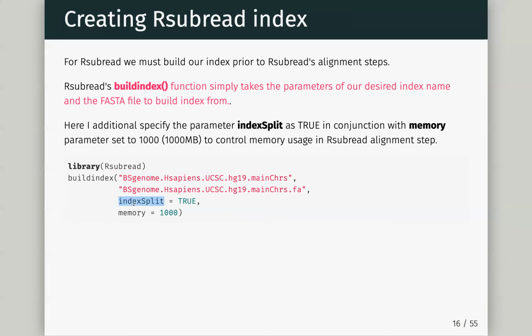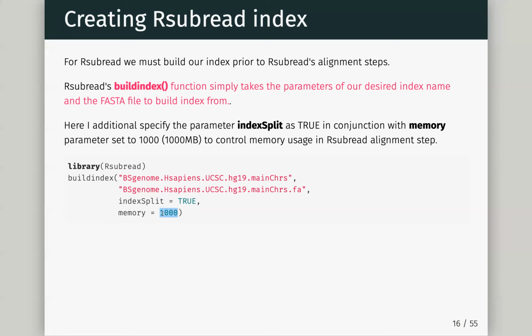And then we'll set a few features to control memory. First off, we'll tell it index split, and that means it's going to try and chunk up our index into separate chromosomes or separate regions. And then we'll set memory, and this is going to be the amount of megabytes used both in the indexing but also the alignment.